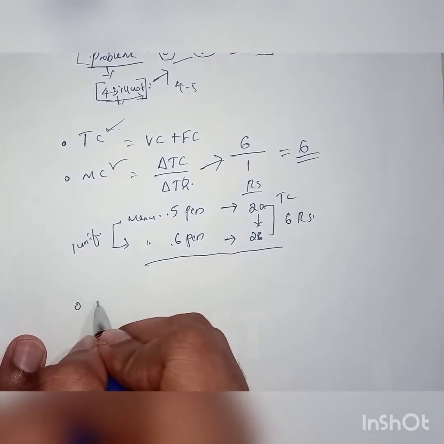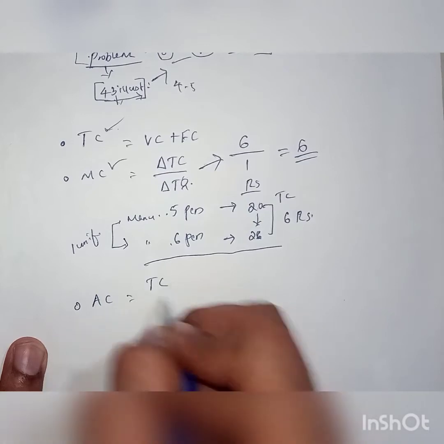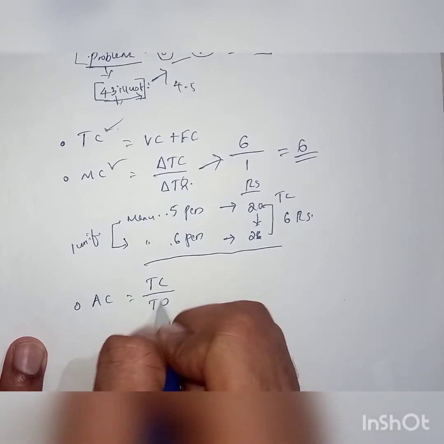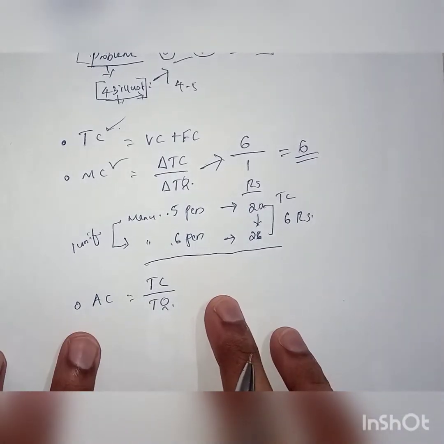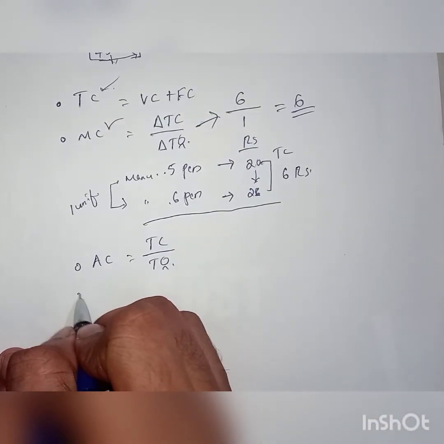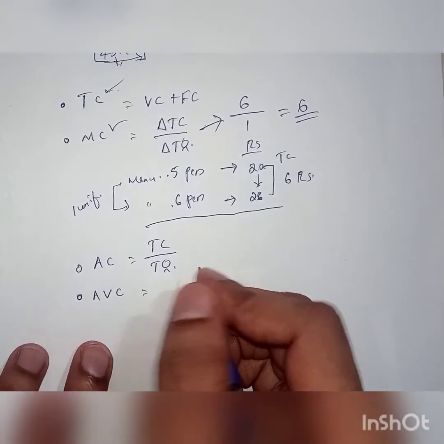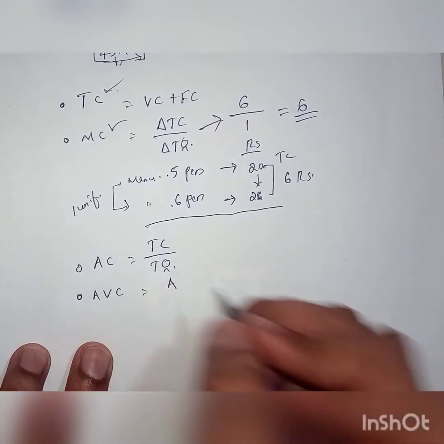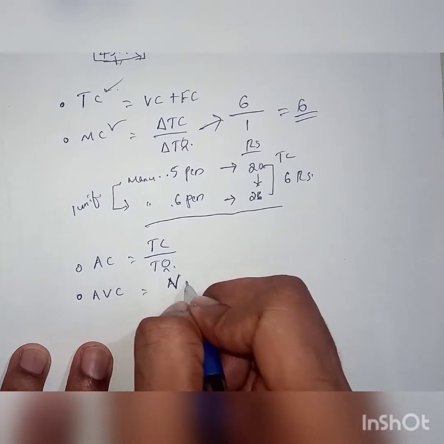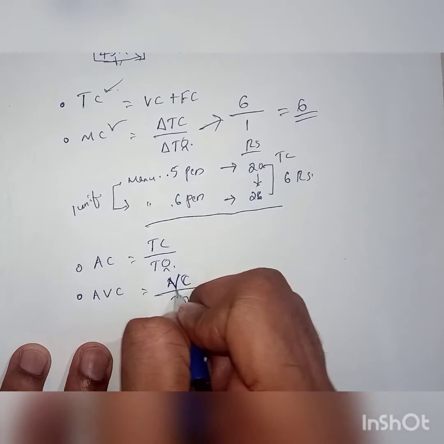Next, average cost. What is average cost? Average cost is total cost divided by total quantity. Next is average variable cost, which is variable cost divided by total quantity.